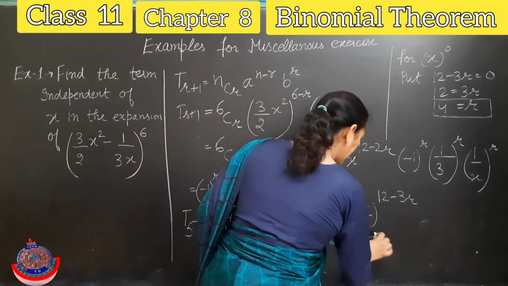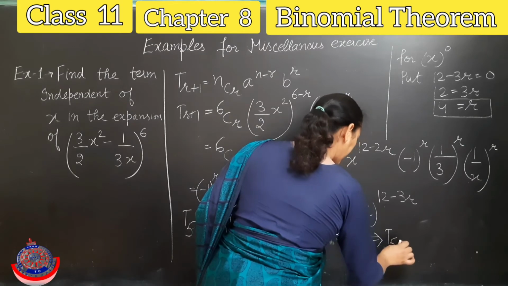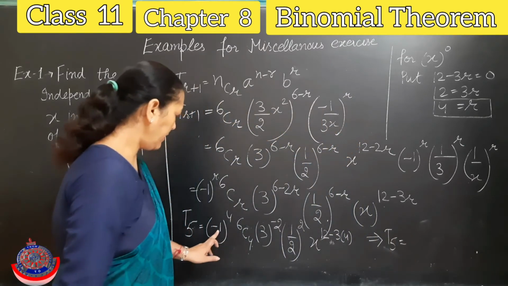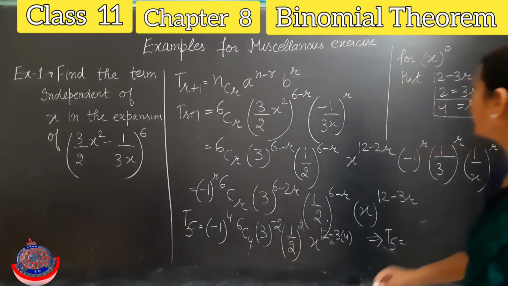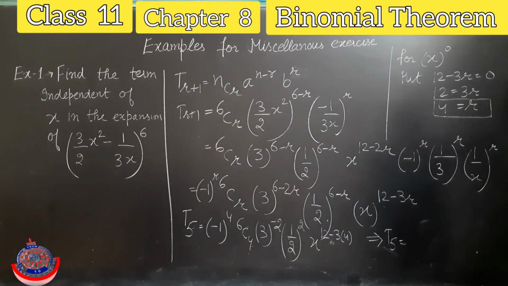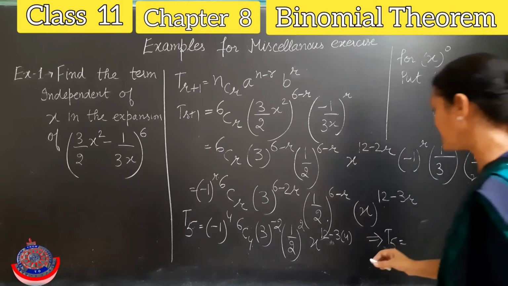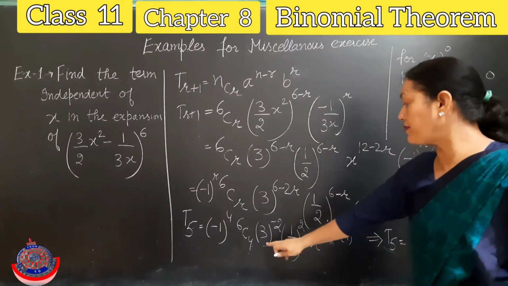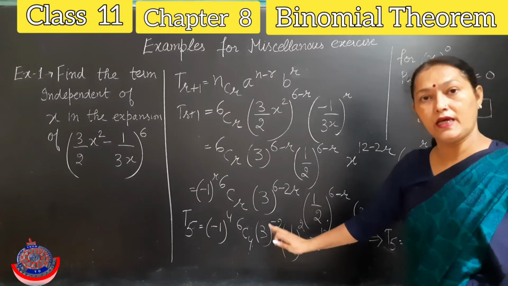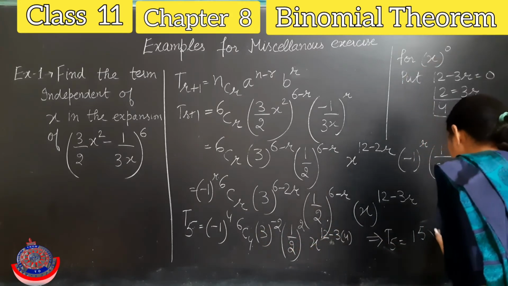So we'll be getting the answer as minus 1 power 4 means 1. What's your answer? 6C4, 6 factorial upon 4 factorial into 6 minus 4, 2 factorial. So 6 into 5 upon 2 into 1, that is 15. Now 3 power minus 2, 3 power 2 means 9 and minus means 1 upon 9.